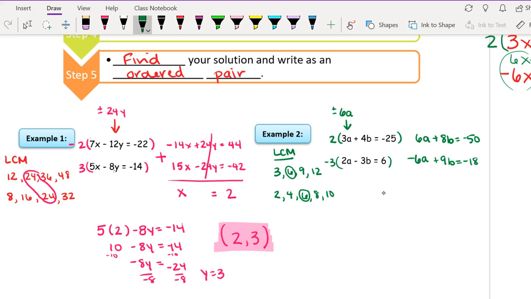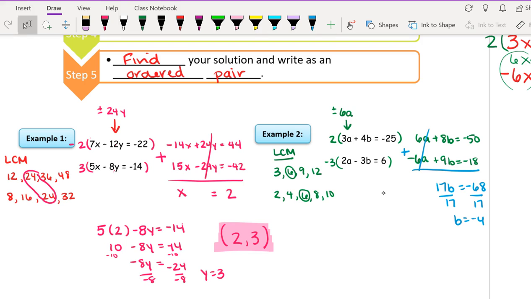If I add them together, those eliminate. I have 17b equals -68. If I divide, I get b equals -4.